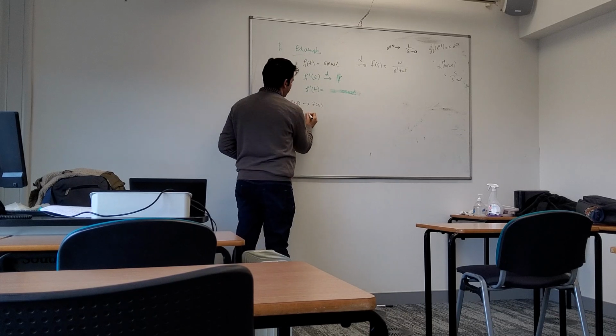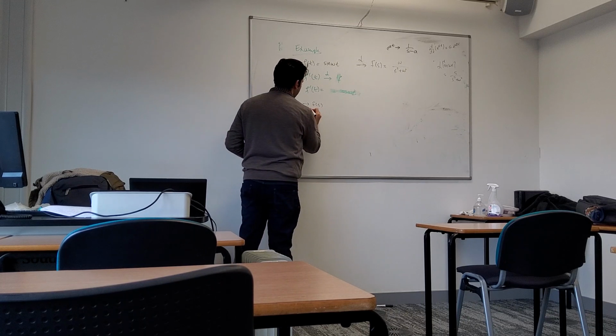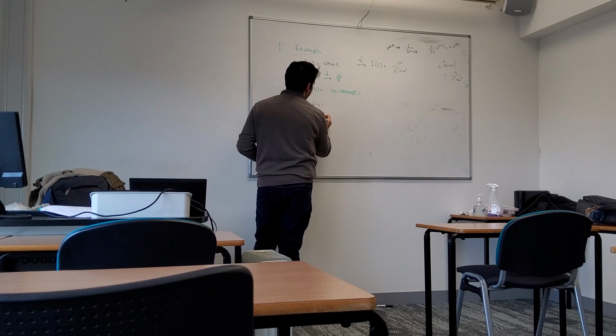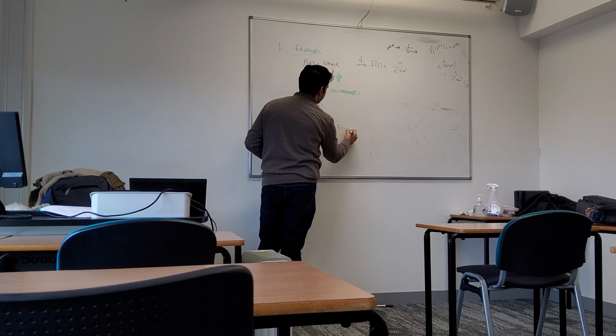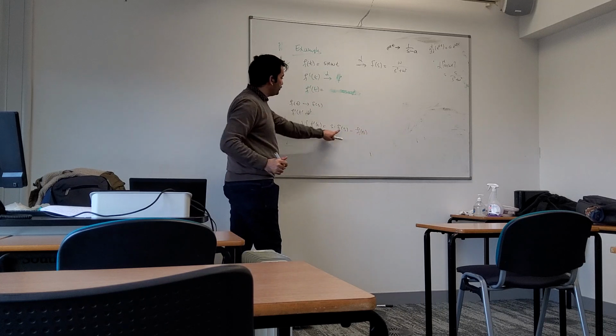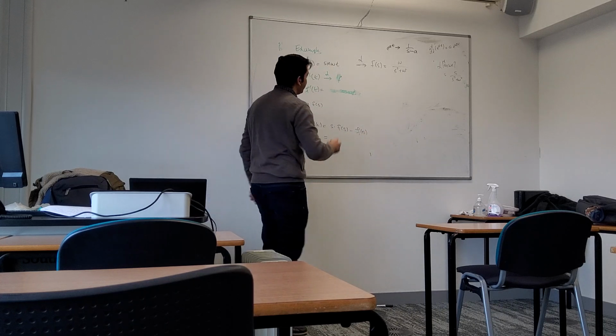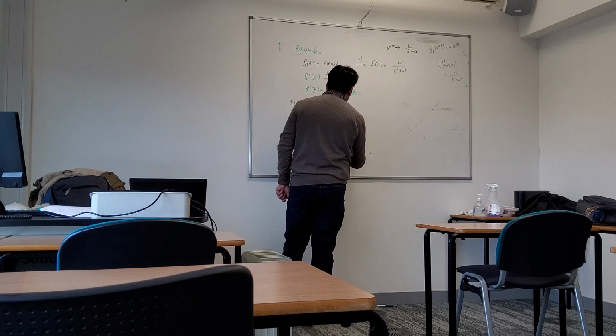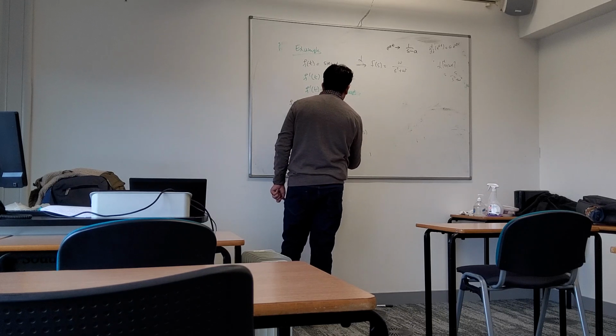The Laplace of f prime of t is equal to s times f of s minus f of 0. So we know what f of s is, right? What is f of s? Omega divided by s square plus omega square.